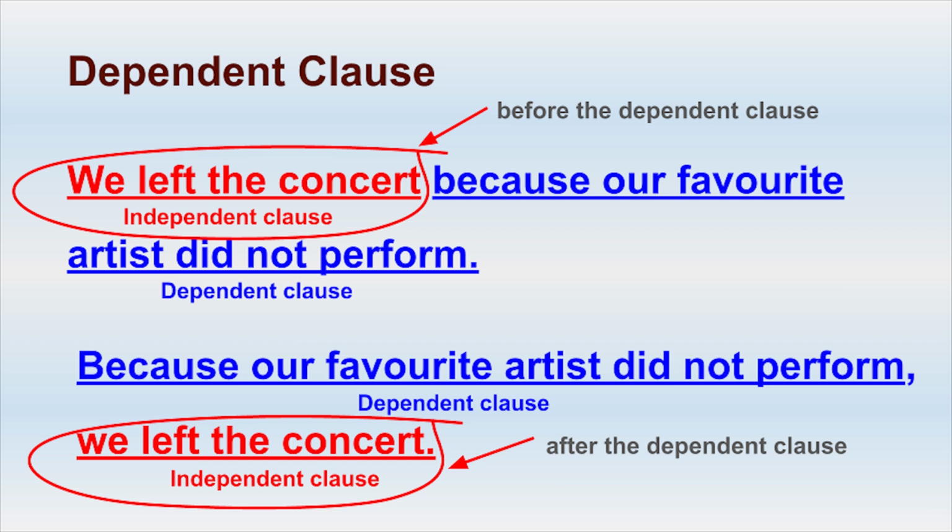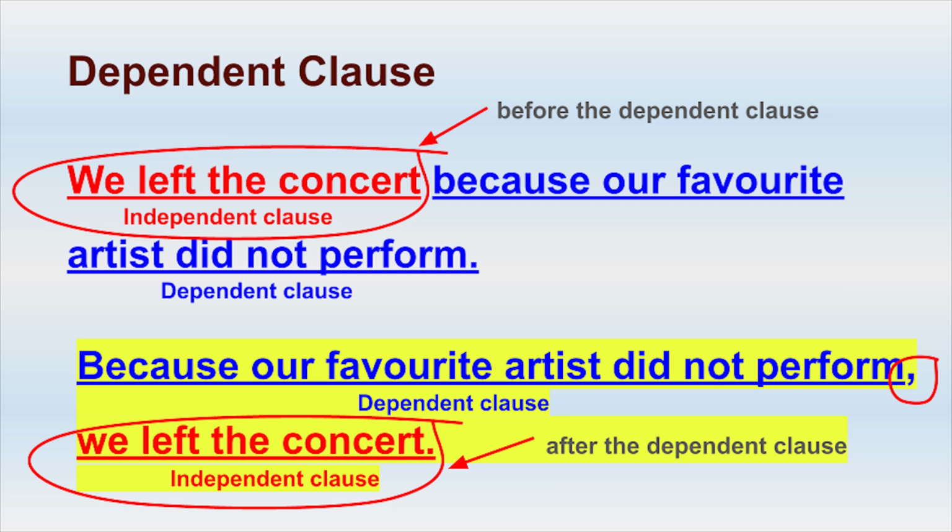However, when the dependent clause precedes the independent clause, a comma is used to separate the clauses. As you will notice in this example, we left the concert is the independent clause and it precedes the dependent clause because our favorite artist did not perform. If we reverse the clauses and place the dependent clause before the independent clause, our sentence still makes sense.